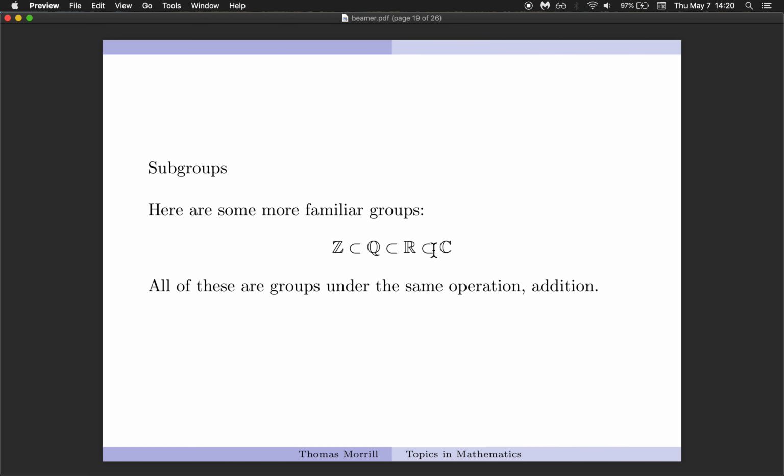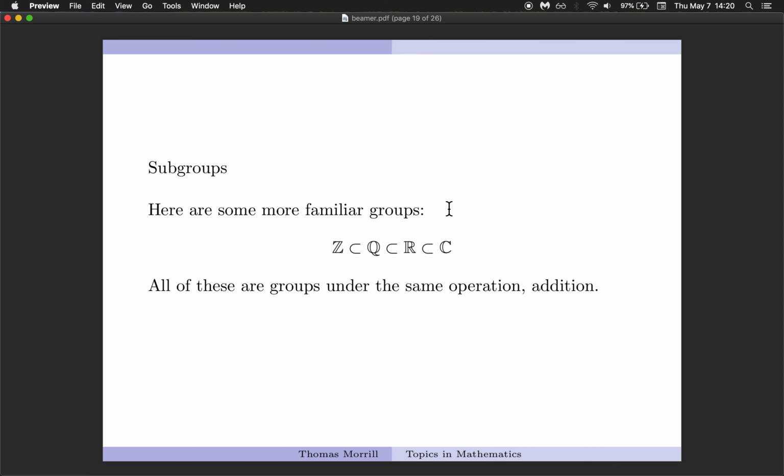And then the real numbers are contained in bold C, which is the set of complex numbers. So each of these are familiar number systems. Maybe not C so much, that's okay. But the other three should be pretty familiar at this point in our mathematical careers.